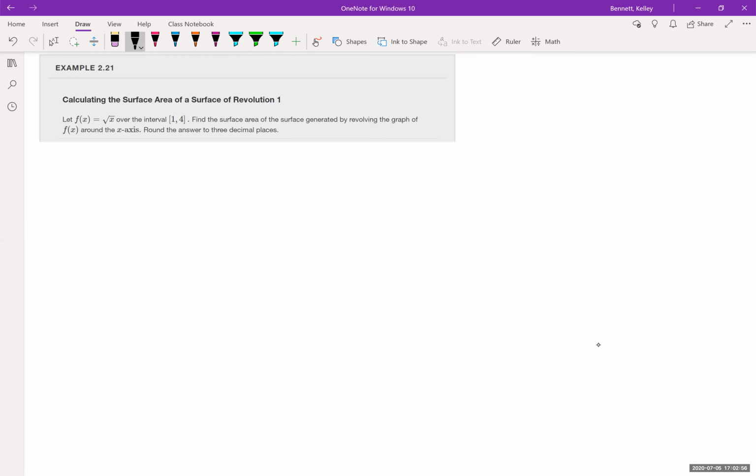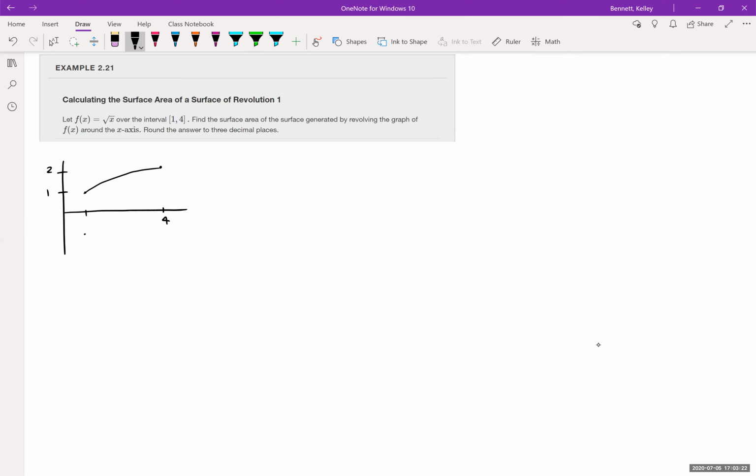So f of x equals the square root of x. Okay, let's graph it. We're going around the x-axis. I know I'm going from 1 to 2 and from 1 to 4. So I'm here, here.